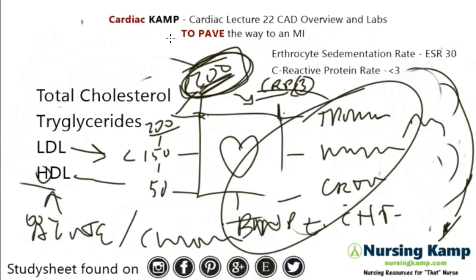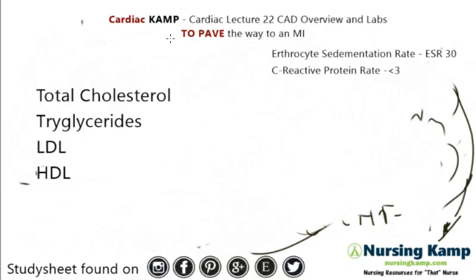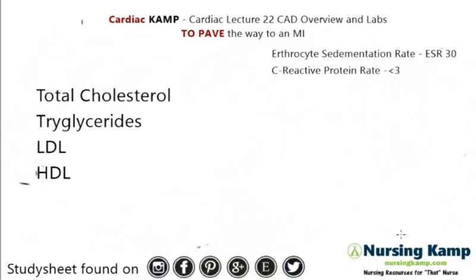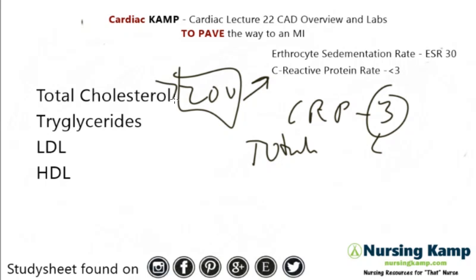So let's go over the overview. Generally, when we're talking about cardiac labs on a chronic level in CAD, the first thing we might do is a CRP. A CRP is to evaluate inflammation, more cardiac, and we want that less than 3. They might also get a total cholesterol, which might be greater than 200.